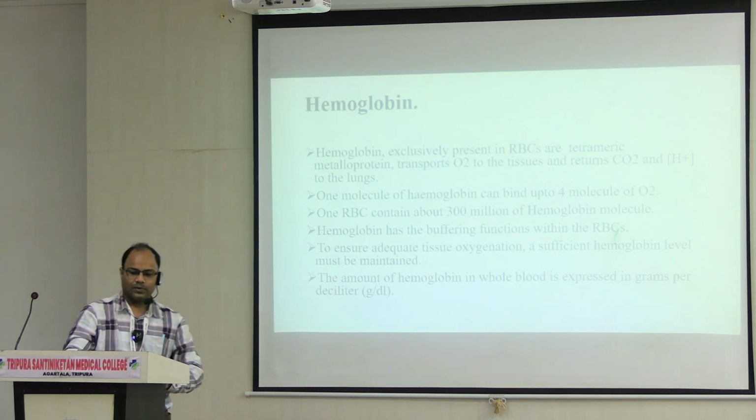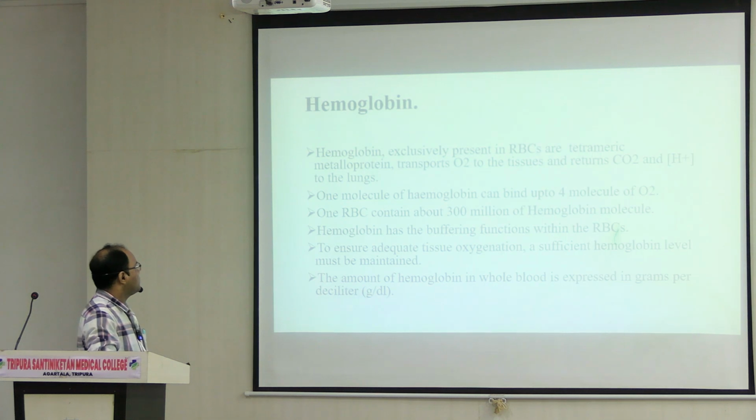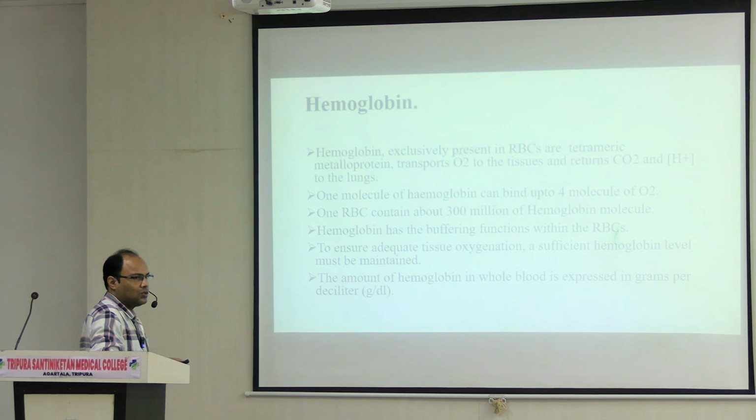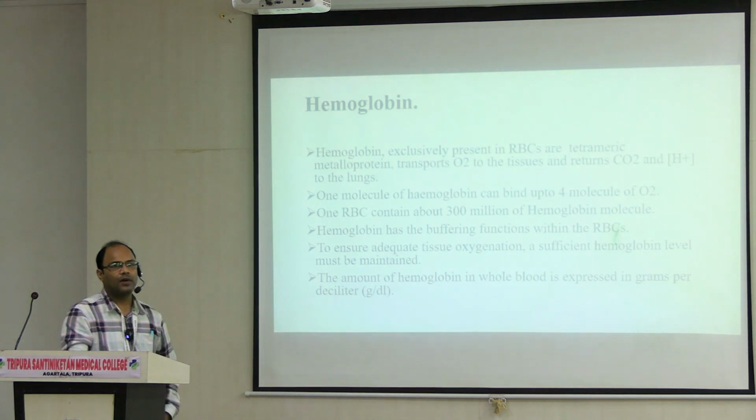Government giving free of cost anti-worm drugs like albendazole. Okay. So hemoglobin, its primary function is to transport oxygen from lung to tissue, and from tissue it carries carbon dioxide and some proton to the lungs. Okay. Hemoglobin is an important buffering agent.